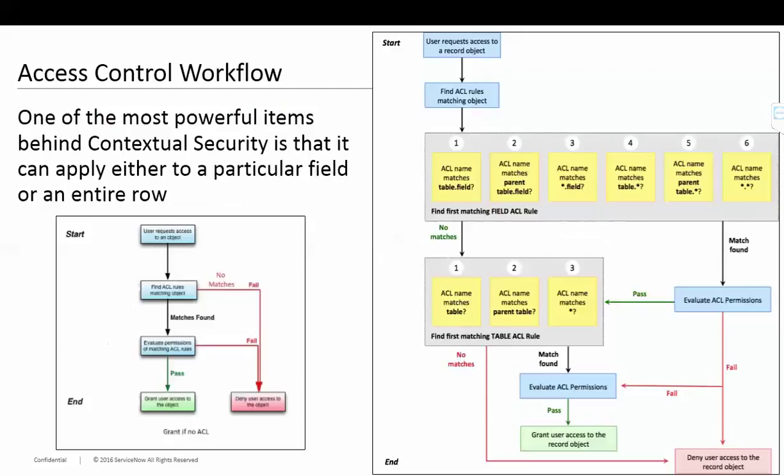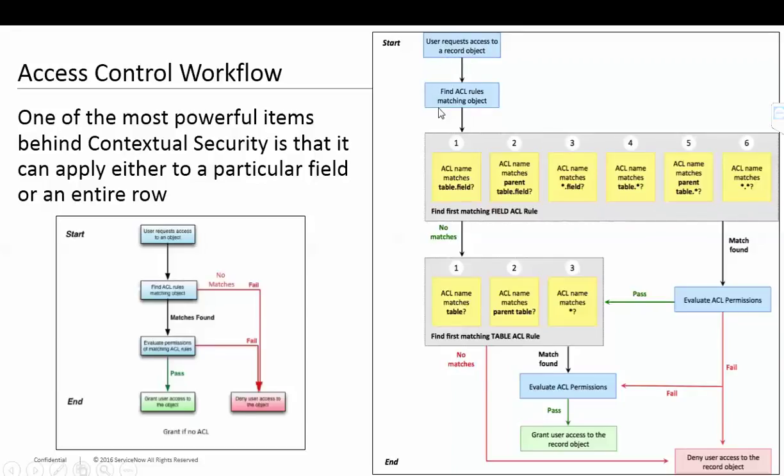So same thing here, right? With the access, this is a little bit much, to be honest with you, but in any case, behind this contextual security, you can have, for a field or an entire row, a number of things, right? A workflow from a security perspective. A user is requesting access, for example, here to a record object.